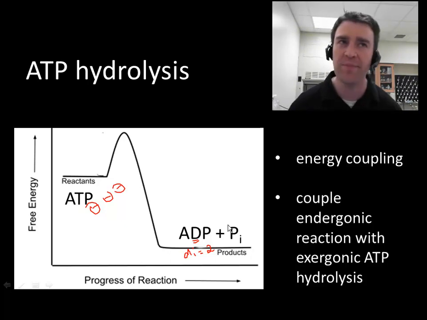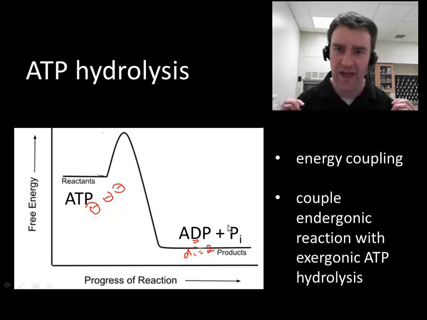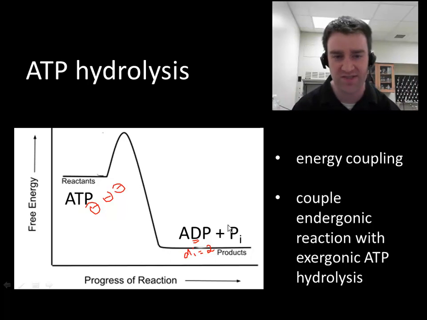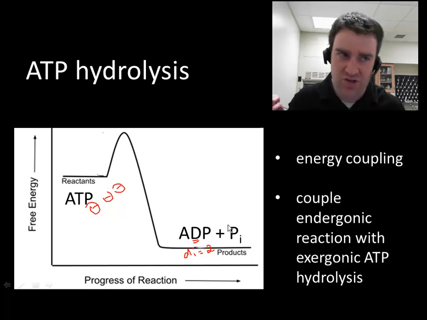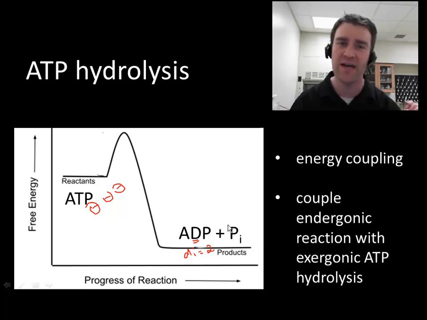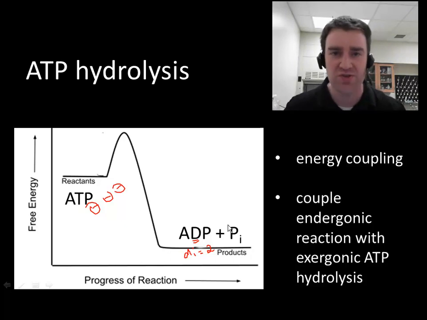We can couple together the very exergonic hydrolysis of ATP with another endergonic process. If the ATP hydrolysis releases energy, it might release enough energy for the endergonic reaction to grab and make use of in order to occur itself. So if we put those two together, then we can make endergonic reactions happen by giving them energy.